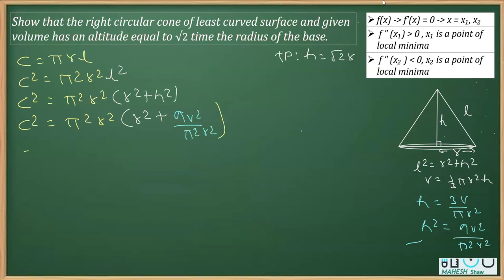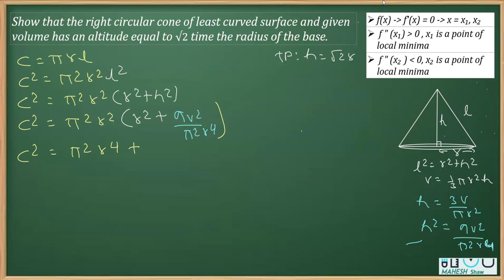Now if I open this bracket using the distributive property, pi square r square multiplied by r square is r raised to the power 4, plus the pi square will get cancelled in this case. And this was r raised to the power 4, since this is squaring both sides, it should give you r raised to the power 4, not r square. So this r square and r cubed terms cancel as needed.